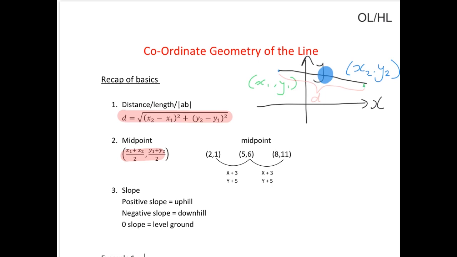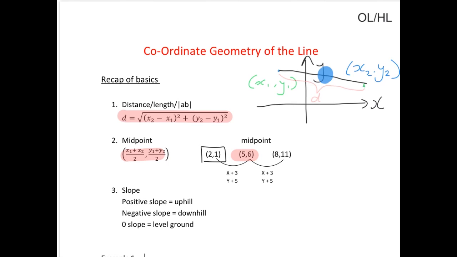And we can see in this example down here that if we were given, say, the point (2, 1) and the point (5, 6), and we were told that the point (5, 6) is the midpoint of a line that has one end at the point (2, 1), then all we need to do is see how much we need to add to our x and how much we need to add to our y.